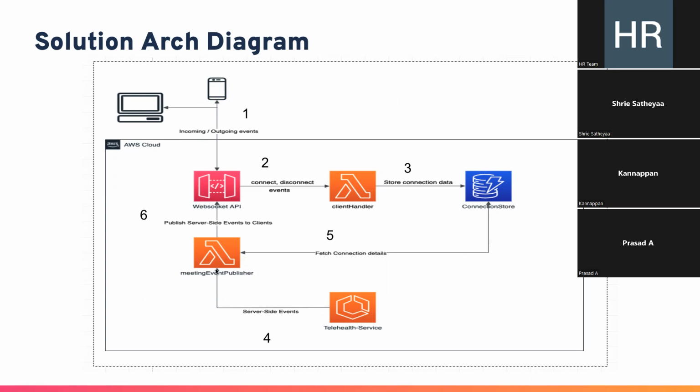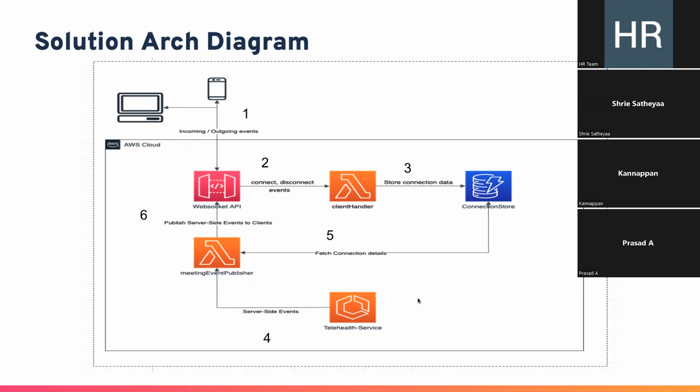So this Lambda function will fetch those connection-related details from our DynamoDB table and publish the server-side events to the clients through our WebSocket API gateway. The API gateway will take care of delivering those events to the clients. So this is the architecture diagram for the solution.